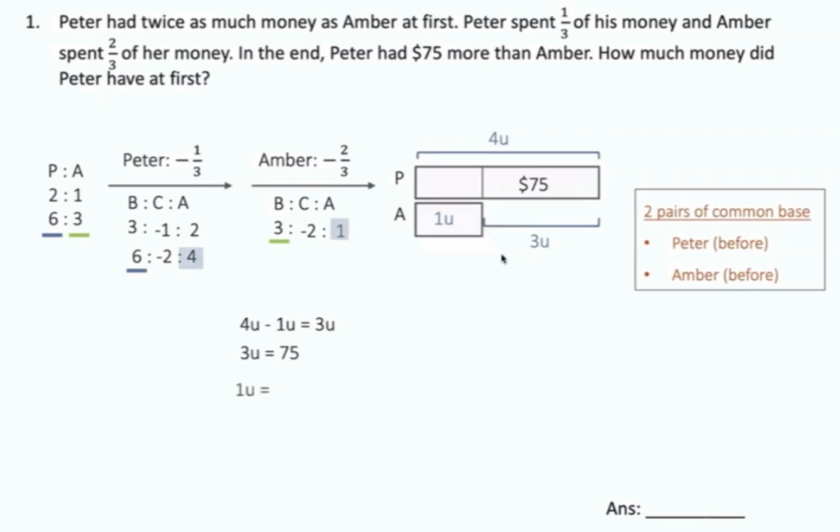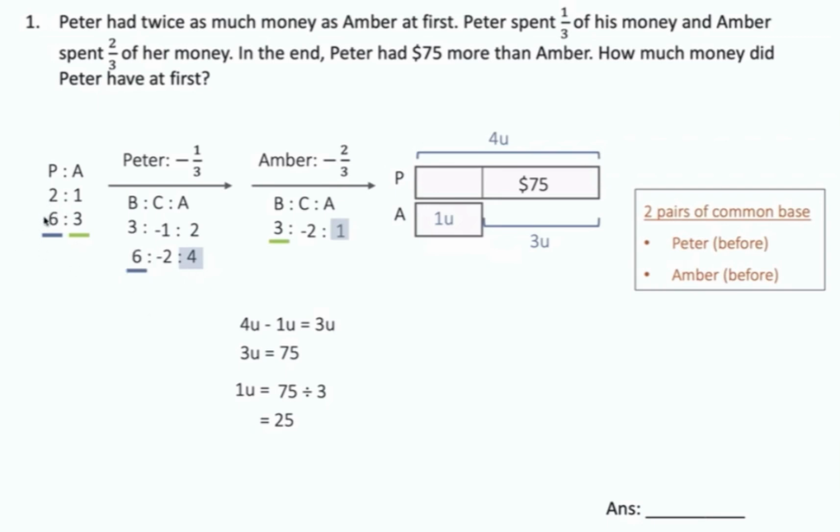Then you find 1 unit, which is step 4 of the matrix method. Last step, read the question again. How much money did Peter have at first? This is very easy. Just pick the right number. Peter at first is this or this, whichever is fine. They are the same number. Don't pick 4 or 2.